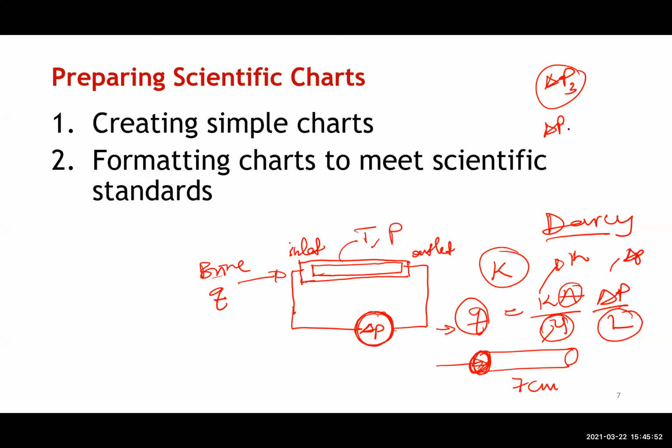So we have delta P1, delta P2, delta P3. All these delta P's, the one that we are interested in is delta P3. Delta P1 and delta P2 are giving us the pressure drop across different sections of the core. Delta P3 is giving us the pressure drop across the whole core. That is what we want.